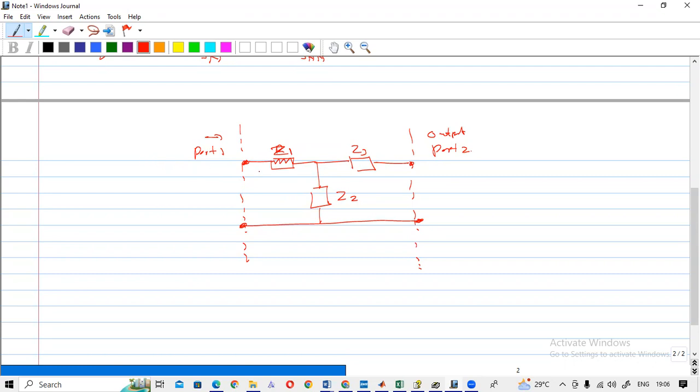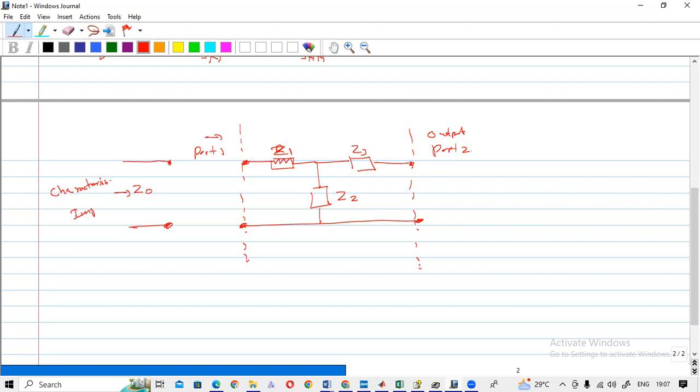Let's say you connect this circuit to another circuit, and the impedance of this line is Z0. So you connect this circuit to a Z0 impedance line. This Z0 is the characteristic impedance.